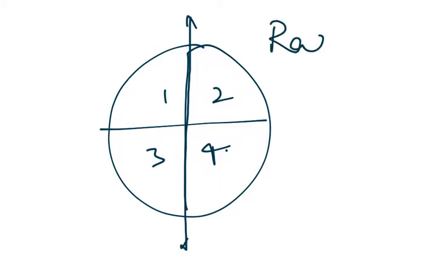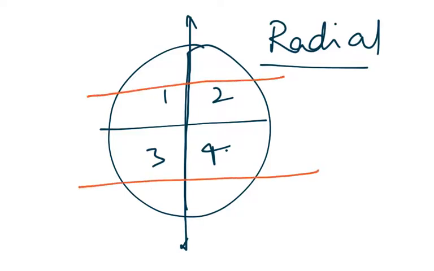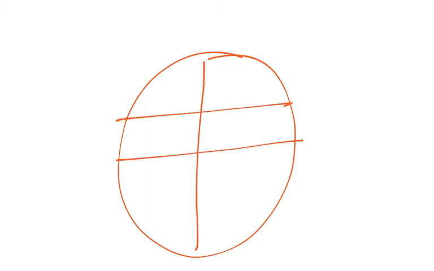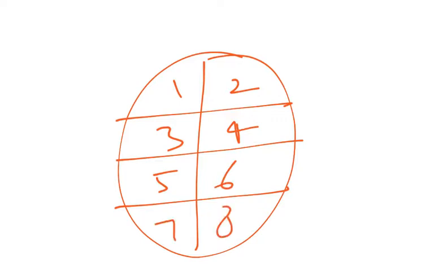What is radial? Radial means straight line. To the polar axis, if the cleavage patterns are radial, we call such cleavage radial cleavage.